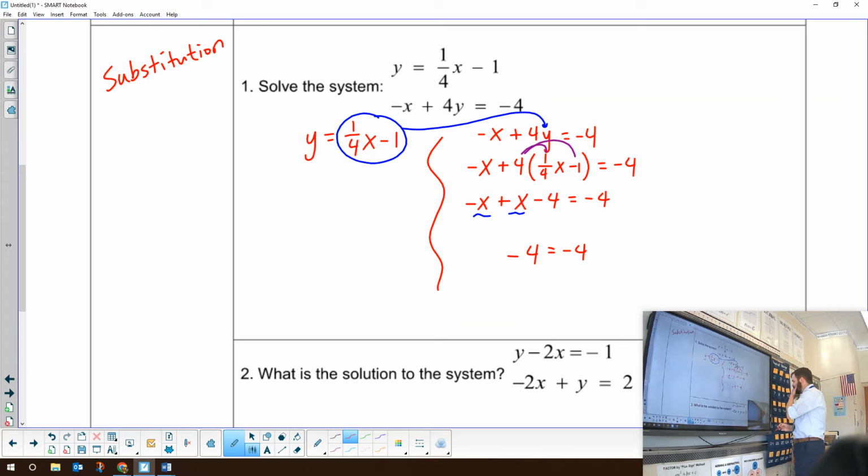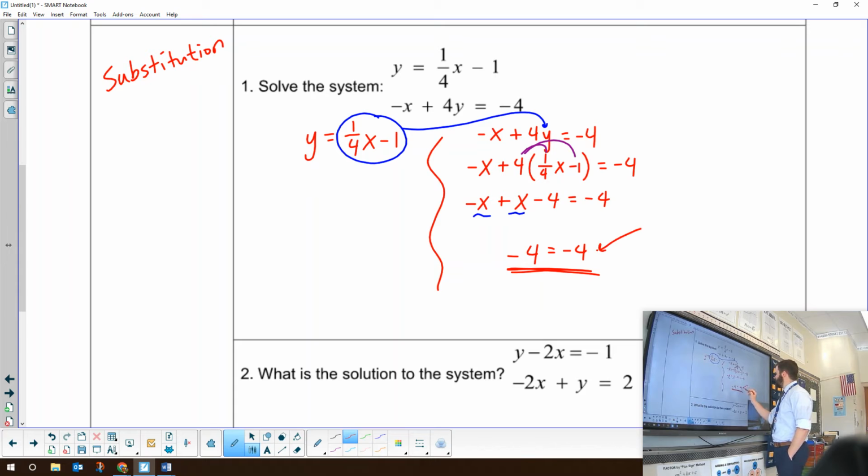Well, guys, here is how you know if you're going to get infinitely many solutions or no solutions. If you get to a part of your equation that doesn't have an x value, it's going to be one or the other. And then you just have to look and see. This one, we have negative 4 equals negative 4. If it's true, it's infinitely many solutions. If it's not true, it's no solution. Well, this one is true, right?